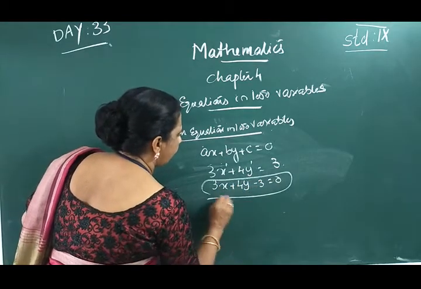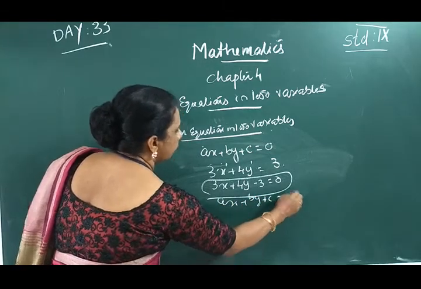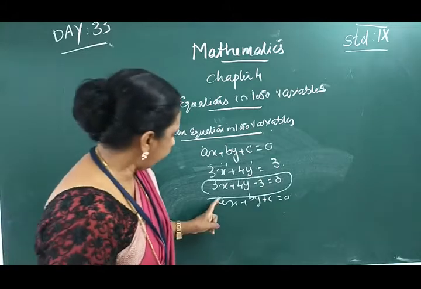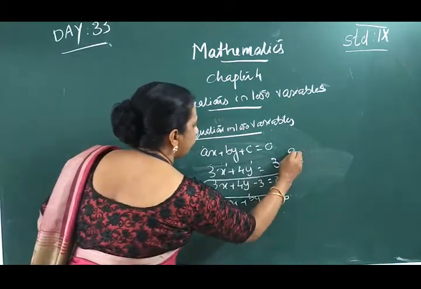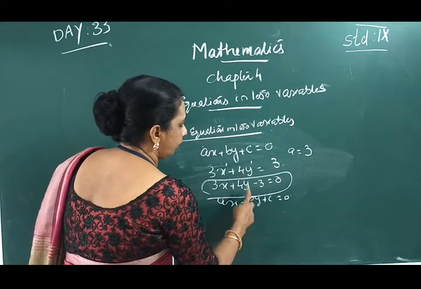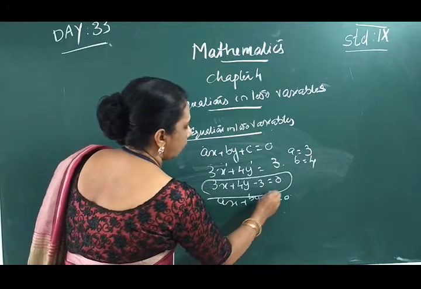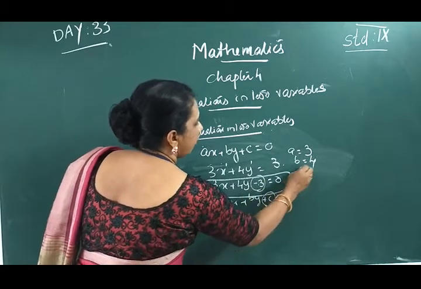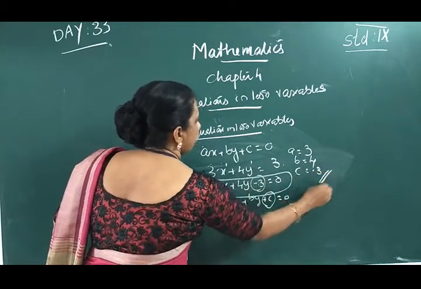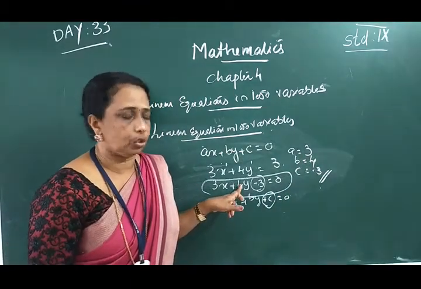This is in the form ax plus by plus c equal to 0. Here a is equal to 3, b, the coefficient of y, is equal to 4, and c, the constant, is minus 3.